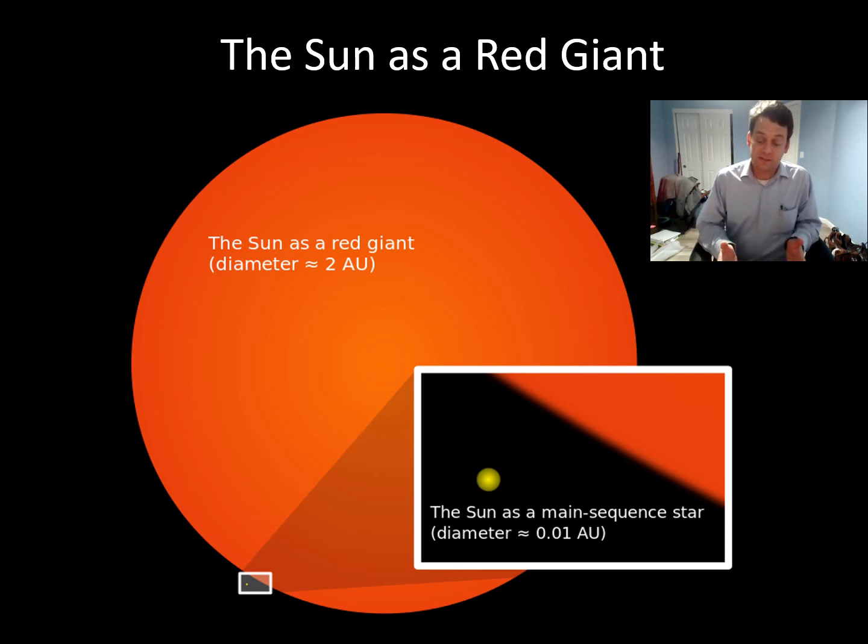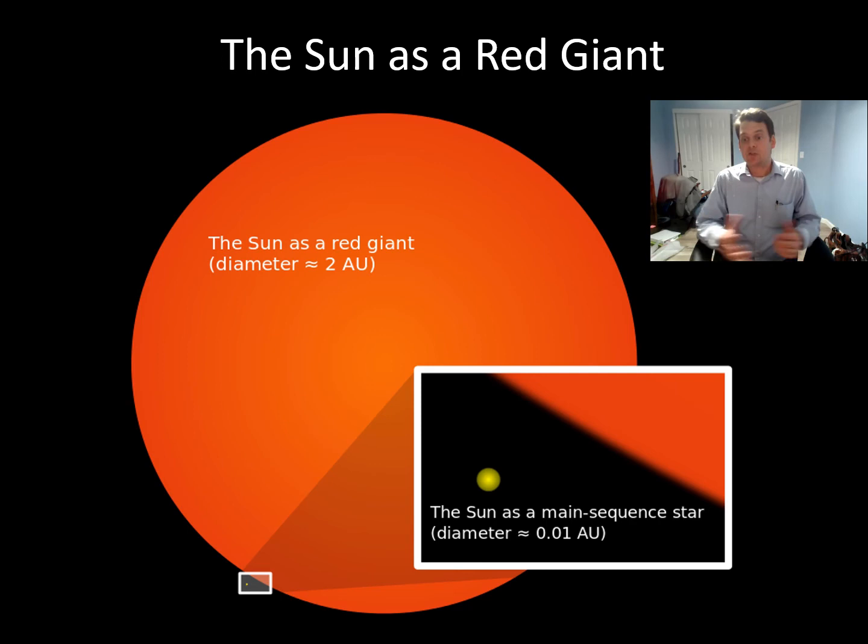But if it didn't occur to you yet, there's a serious implication of the sun having a radius of 1 astronomical unit, because an astronomical unit, if you recall, is the distance between the Earth and the sun. If the radius of the sun is equal to the distance from the Earth to the sun, the Earth is sitting on the sun's surface.